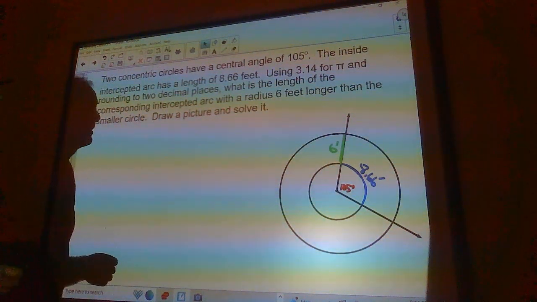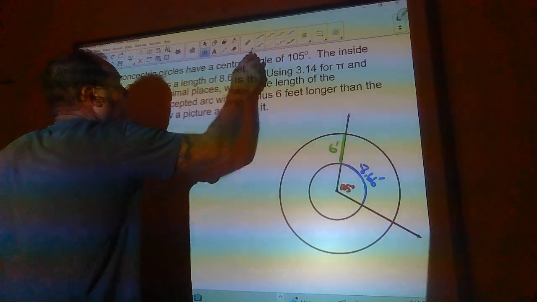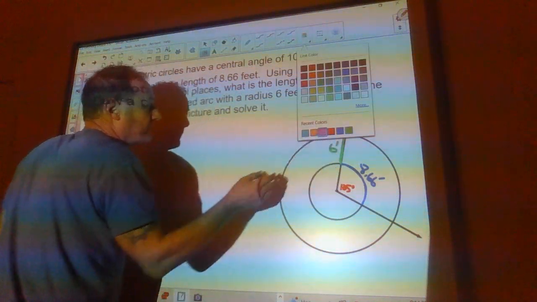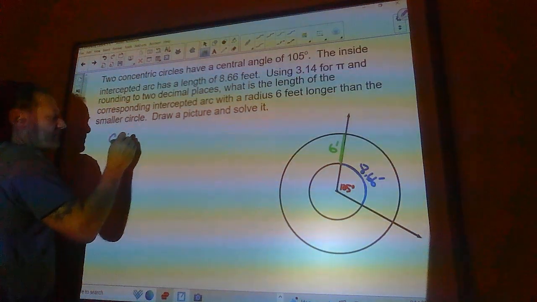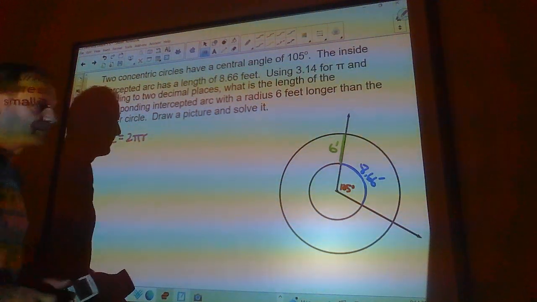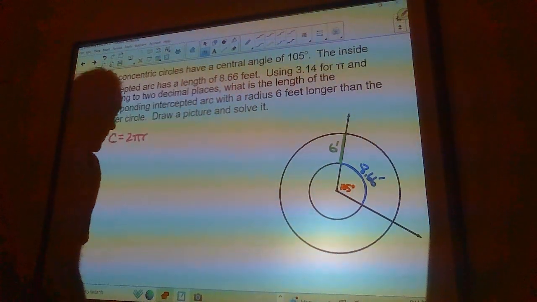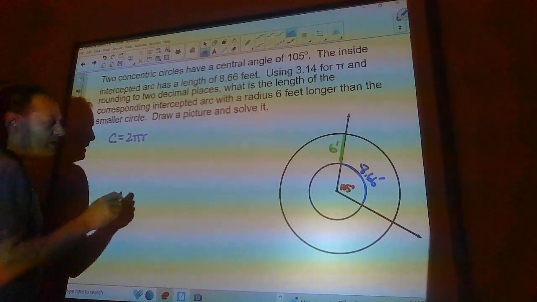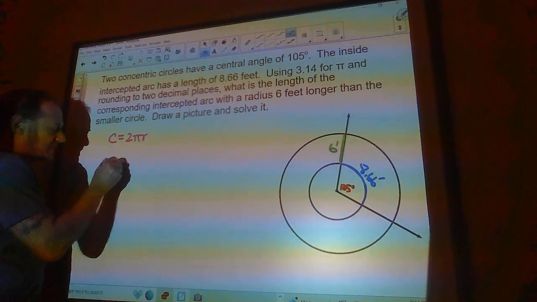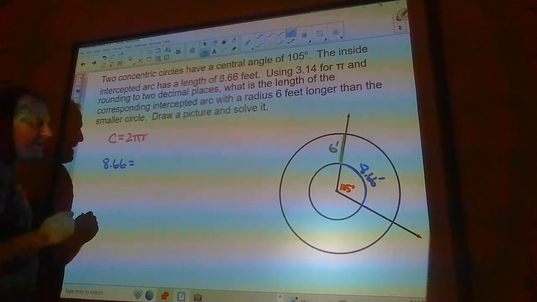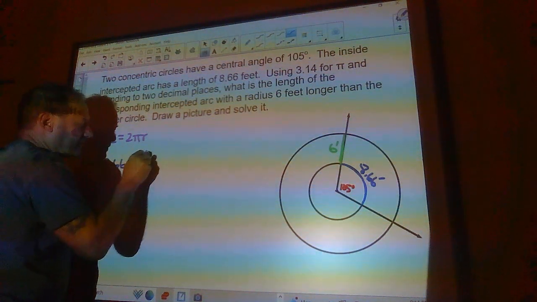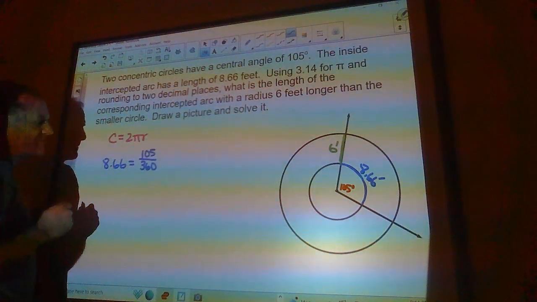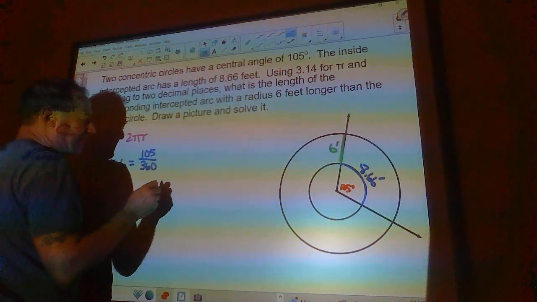Okay. So here's the thing. We know that the circumference is 2 pi times the radius. And we know that the blue part of this thing is 8.66, and it is 105 out of 360ths of the circumference of that circle.